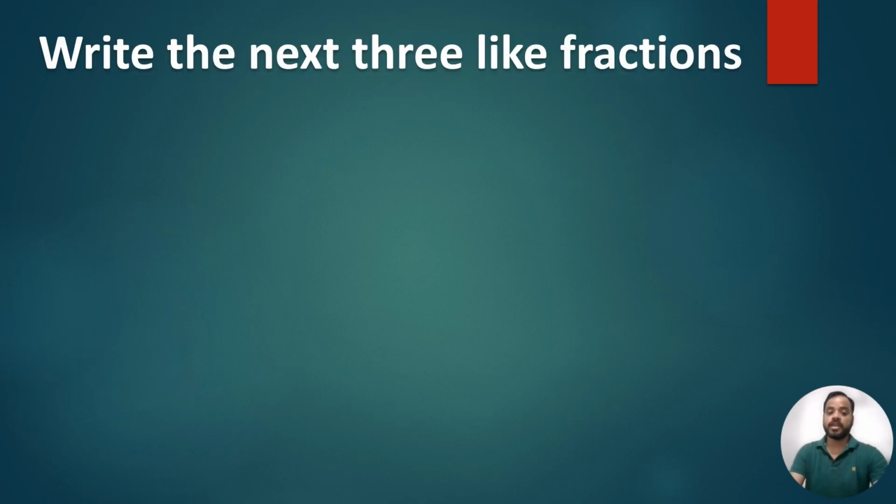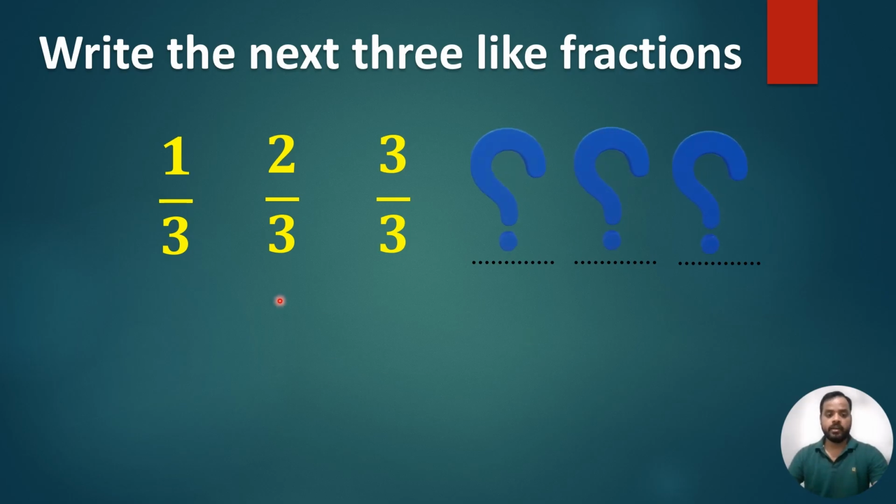Now let us solve questions. The question is: write the next 3 like fractions. We know that in like fractions, the denominators of the fractions are the same. Look here, the denominators are the same.